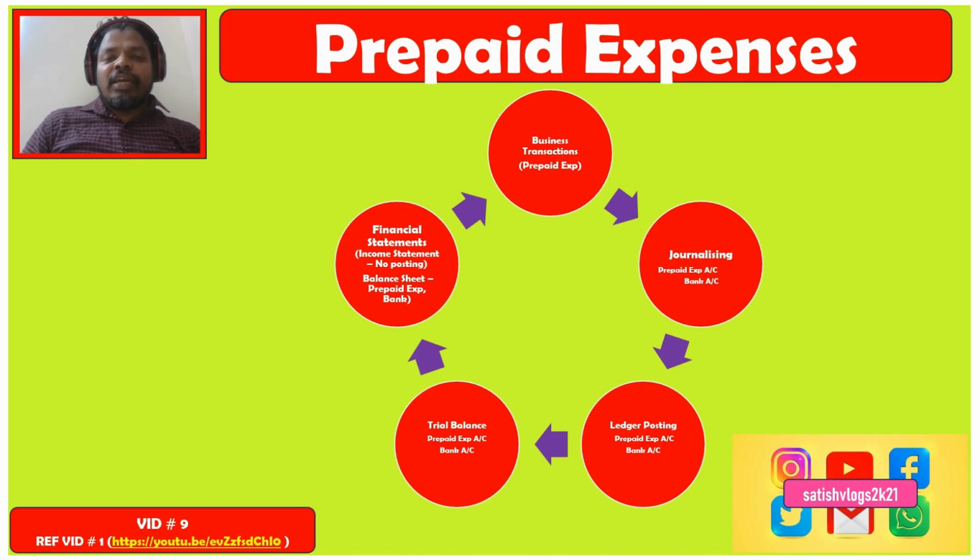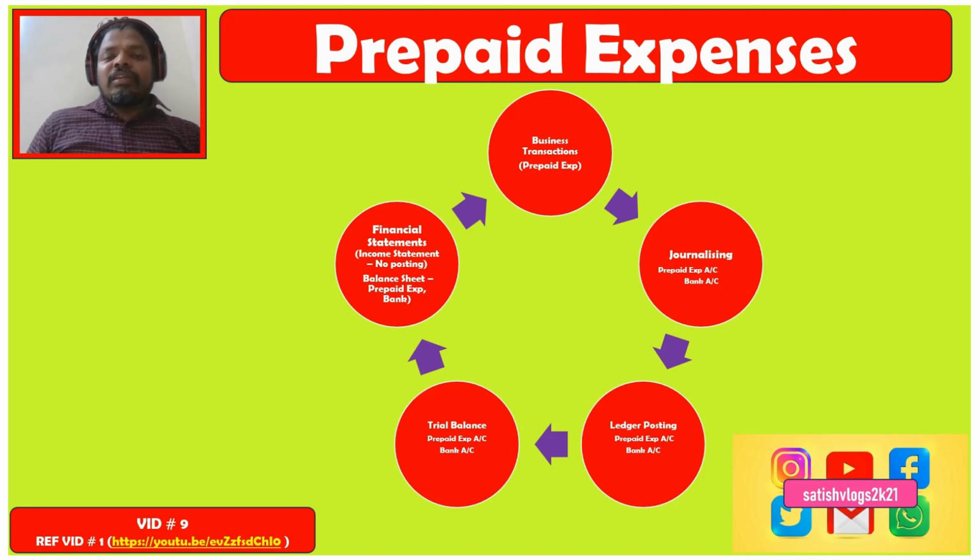Prepaid expense is a real account, which means what is the golden rule for a real account? Debit what comes in and credit what goes out. The business entity would be receiving the benefit in terms of a prepaid expense. So the prepaid expense should be debited, right?